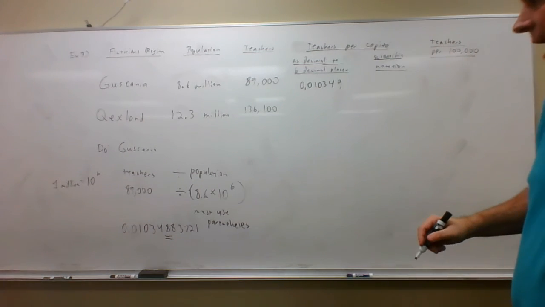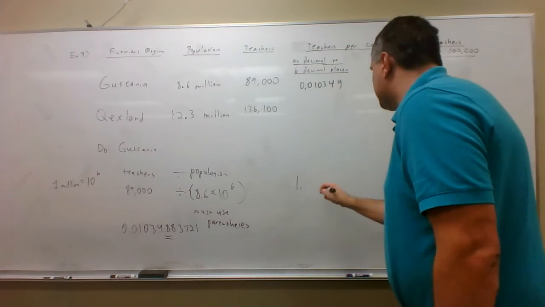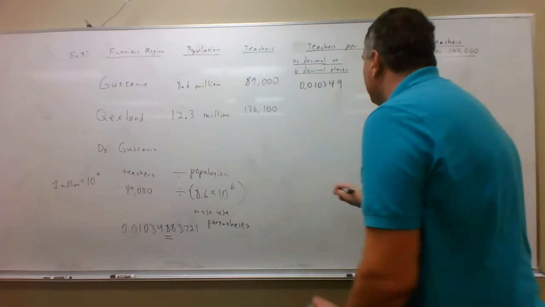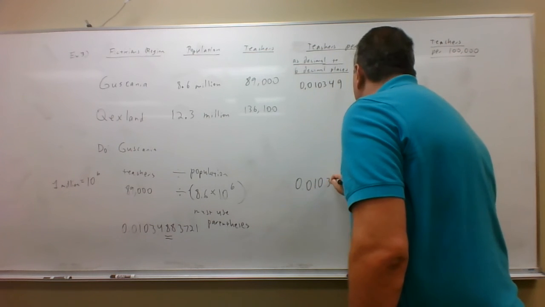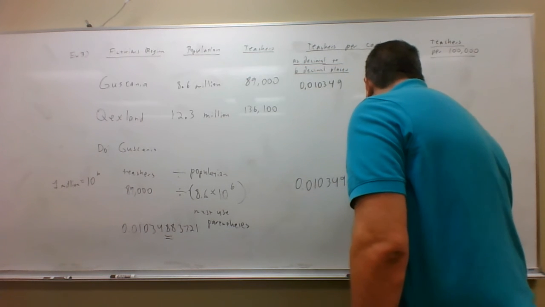I also want scientific notation, so that's going to be 0.010349 times 10 to the 0th for now.